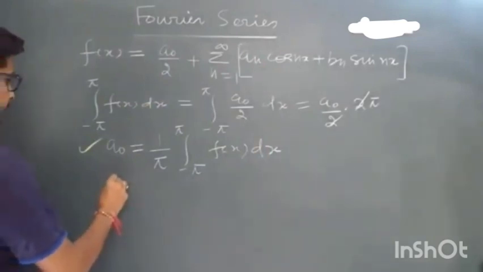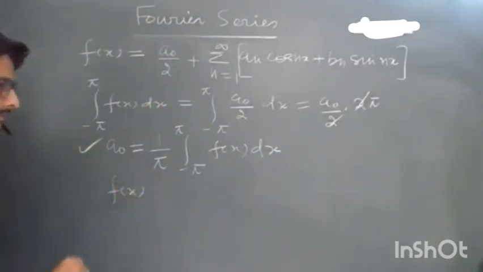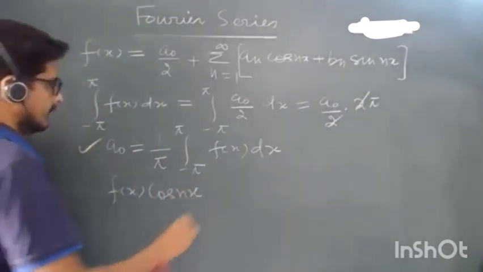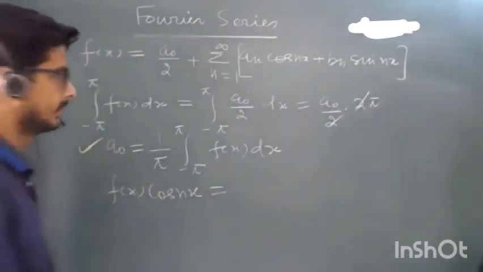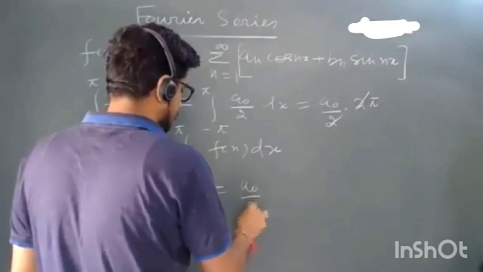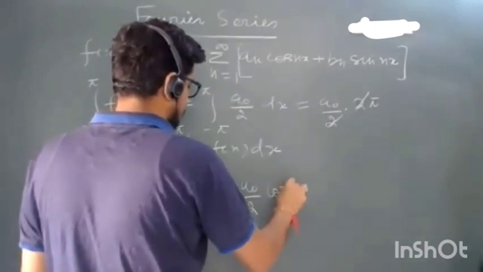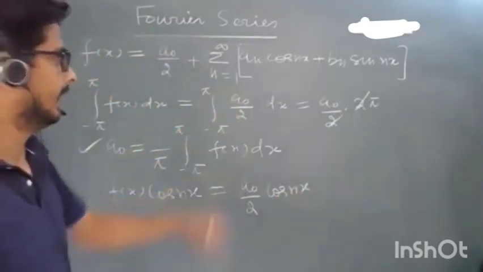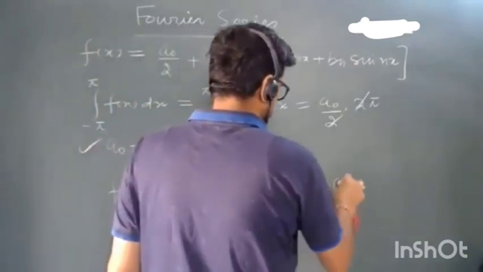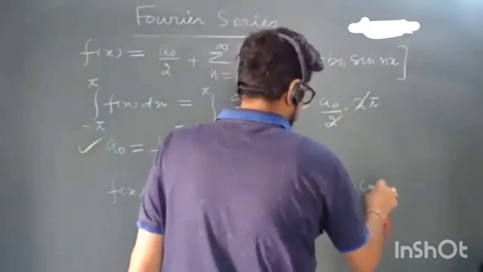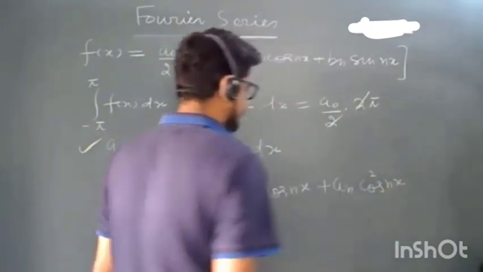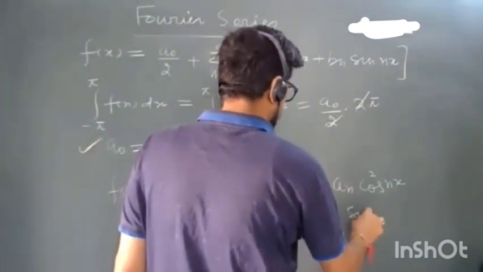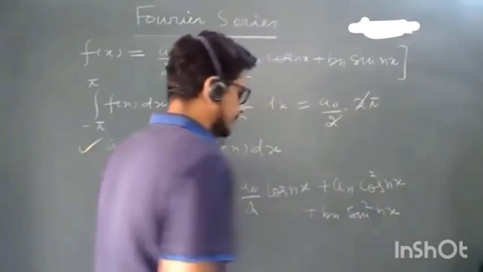So this side it will become f(x) cos nx is equal to, so a naught by 2 cos nx, so this term will be gone, and plus a_n cos square nx and plus b_n sin square nx. So such terms will be formed.